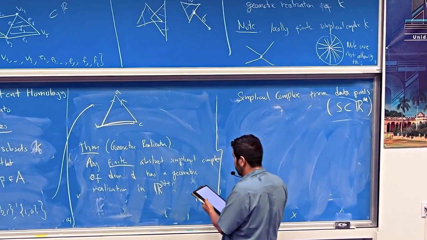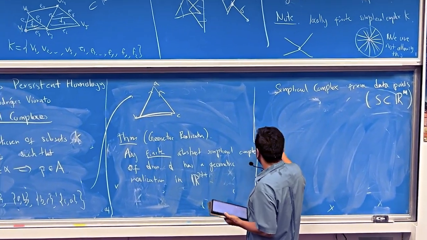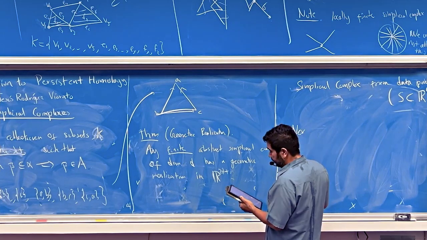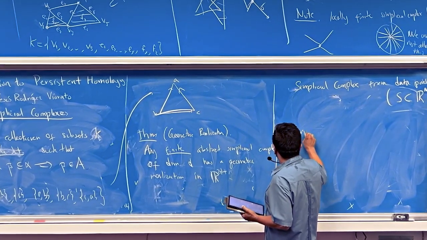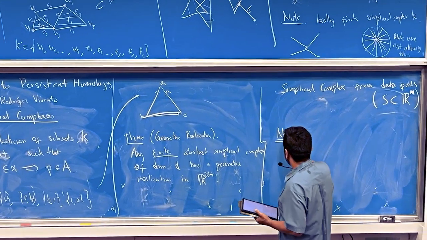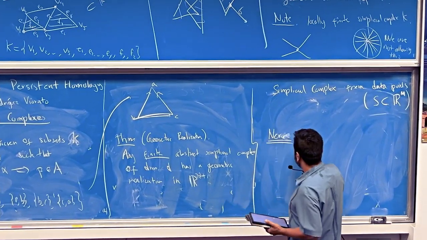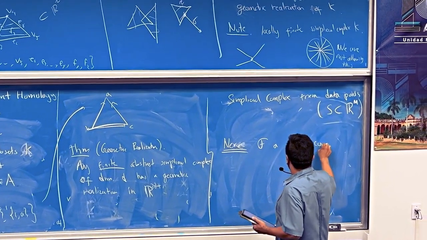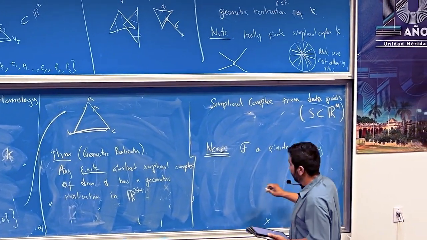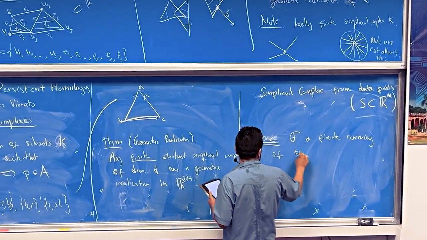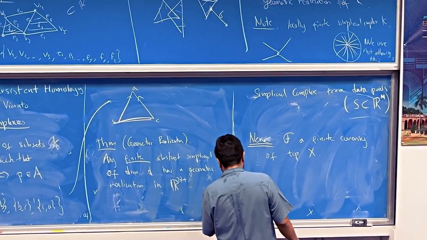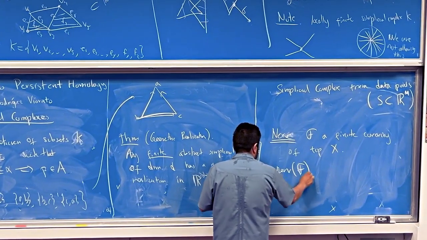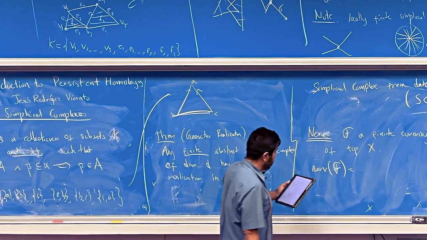Before talking about this particular case, I'm going to talk about something that has been used in topology for many years: the nerve. If I have F, a finite covering of a topological space X, we can construct the nerve of F. This is a way of constructing a simplicial complex.